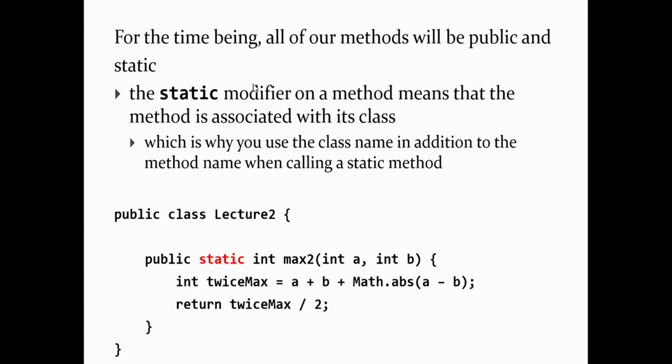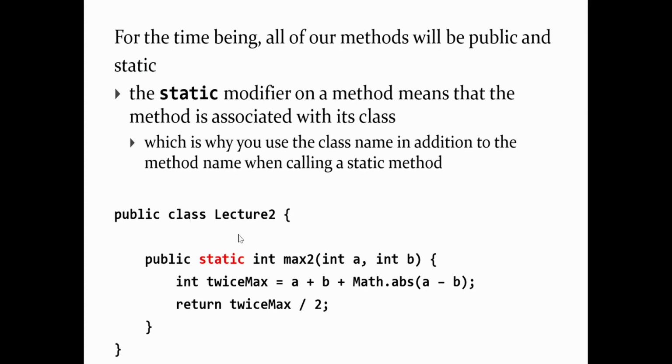All right, now, also for the time being, all of our methods are labeled static. The static modifier means that the method belongs to the class. So what public static int max2 means is that this max2 method belongs to the class lecture2. You use the class name to call the method.